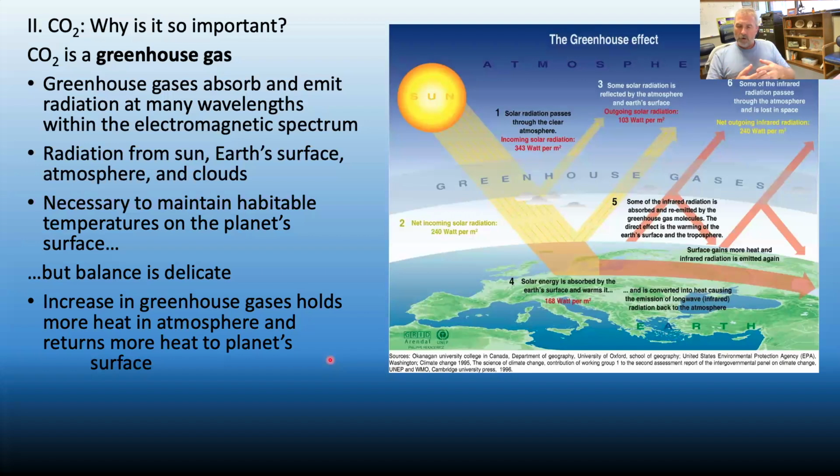They absorb energy and emit radiation at a variety of different wavelengths depending on the molecular composition of the different compounds in the atmosphere. These different gases have different elements contained within their molecular structure, and those elements interact with the energy primarily transmitted from the sun, but also reflected and emitted off of the surface of the Earth.